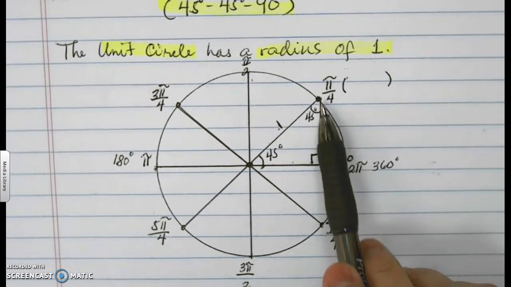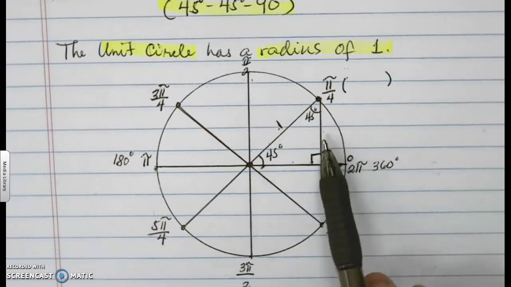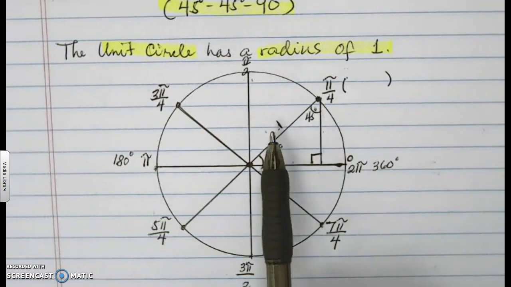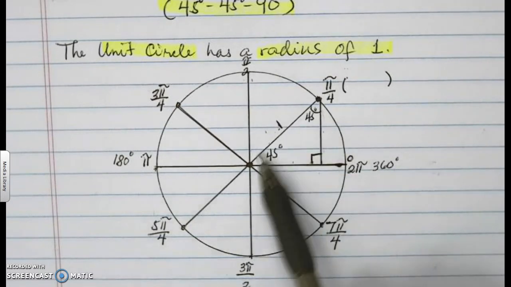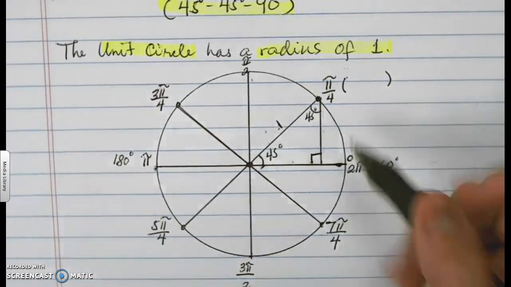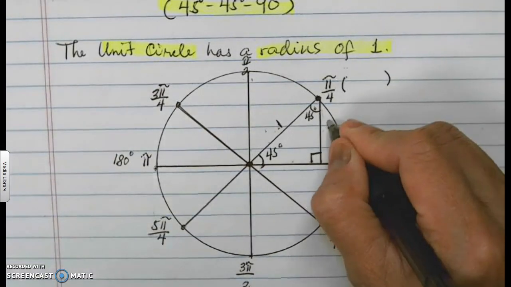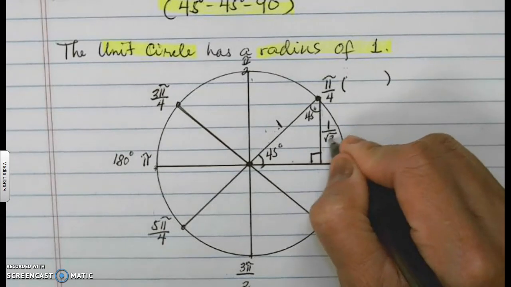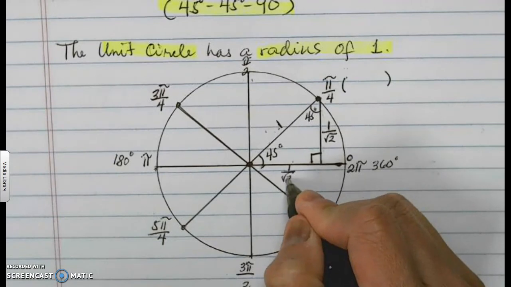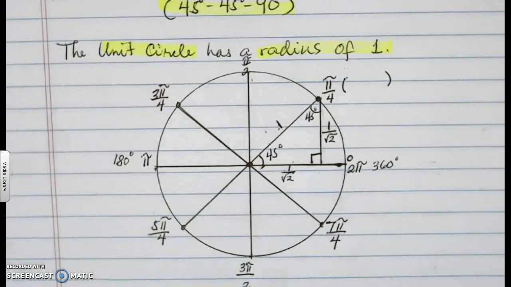And if you're coming from the leg going to the hypotenuse, we know to multiply by square root of 2. So if you're on the hypotenuse and going to the legs, you must divide by square root of 2. So this is going to be equal to 1 divided by square root of 2, and this is also going to be 1 over square root of 2. We all know that that is not permitted.